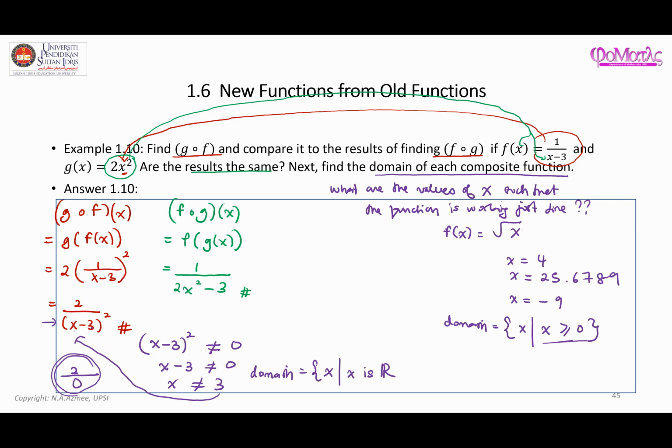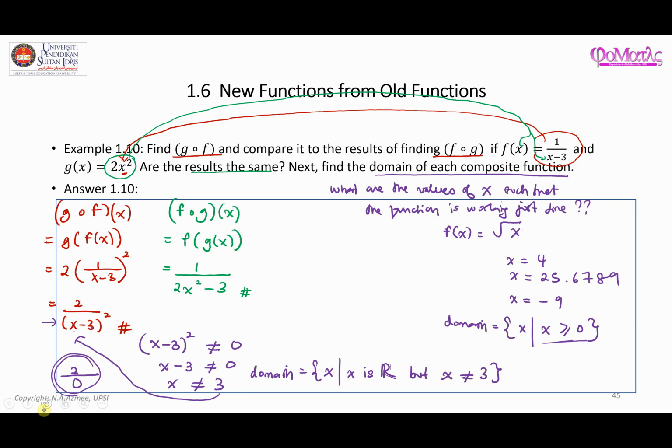It can be 4, it can be 3.78, it can be negative 100.679. It doesn't matter, whatever number, as long as the number is real, but x cannot be equal to 3. So that is the domain for this function. Okay, x is a real number, but x cannot be equal to 3.